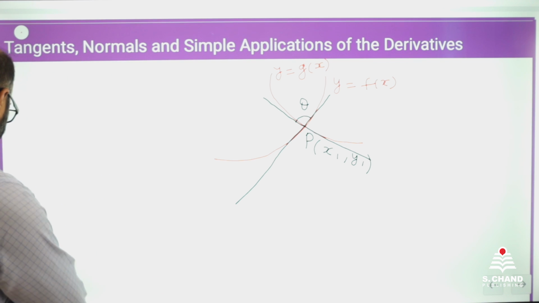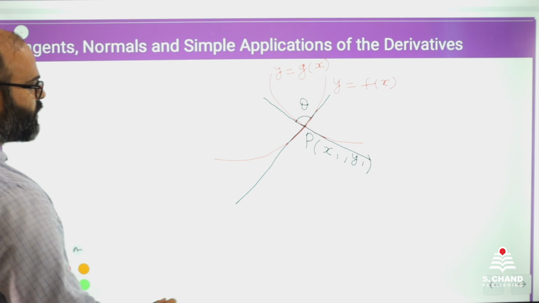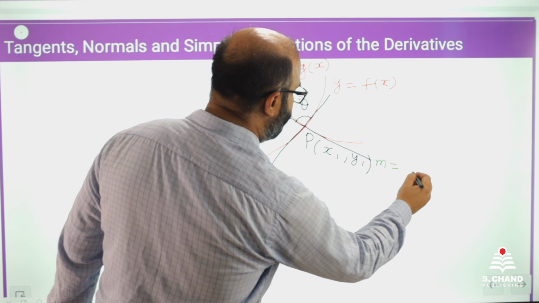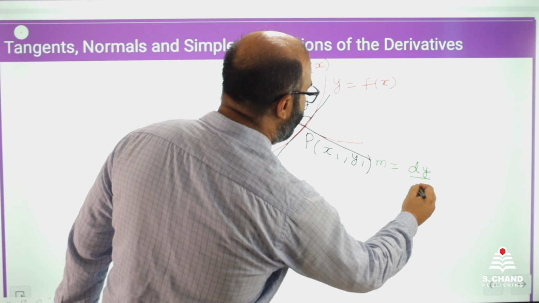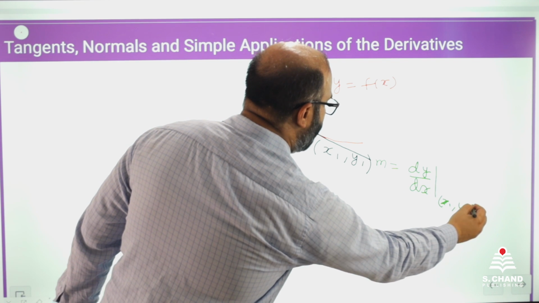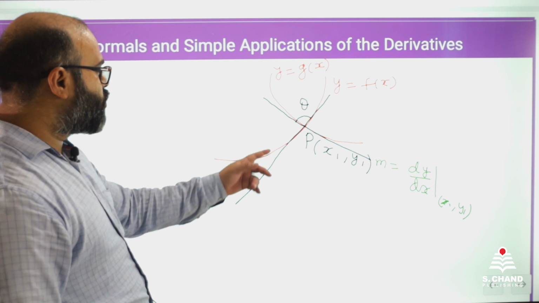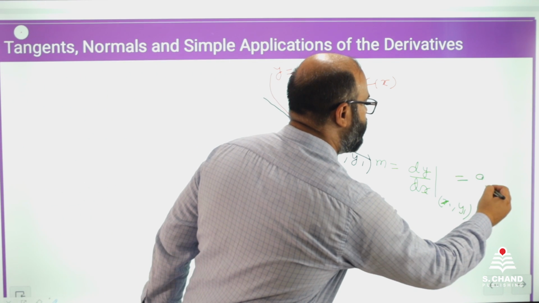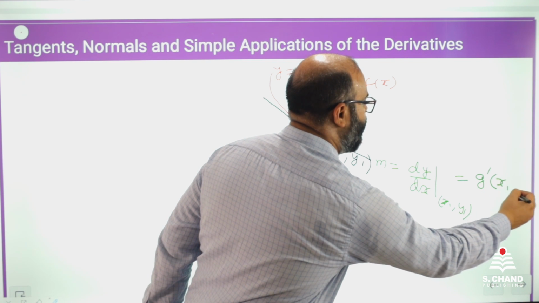How will you find theta? So what you will do here is you will take the slope of this tangent, which will be dy by dx at x1 comma y1. And can you tell me what y is here? So y for this curve is g x. So this is actually g dash x1.